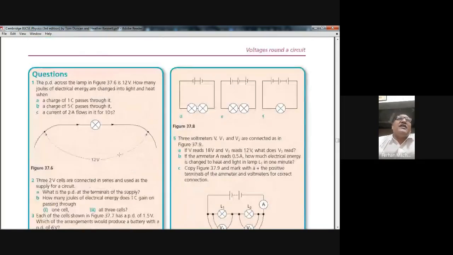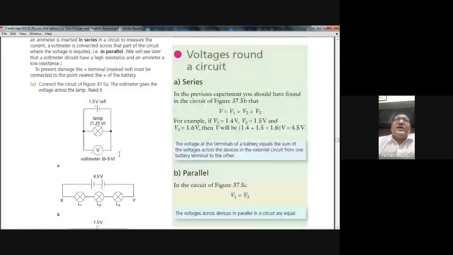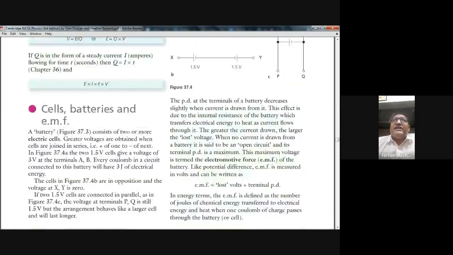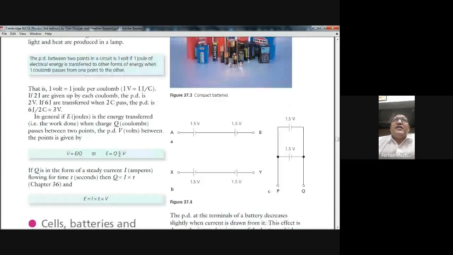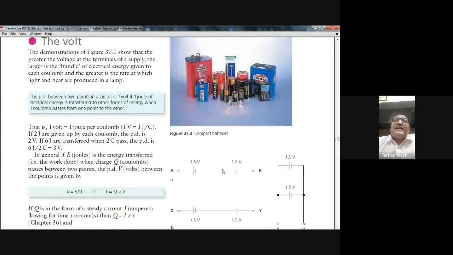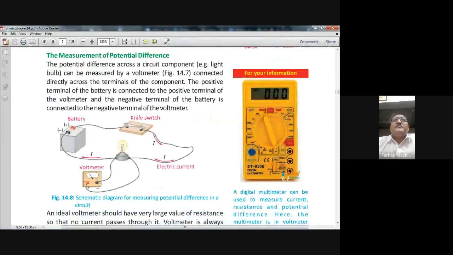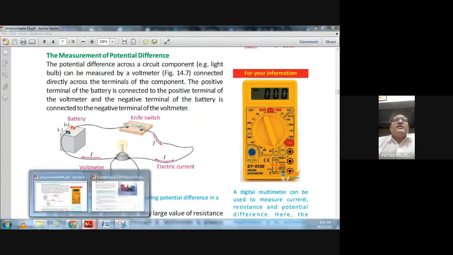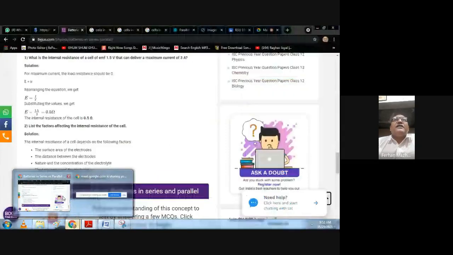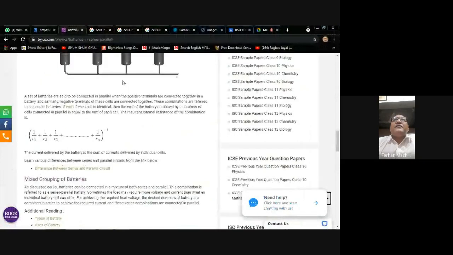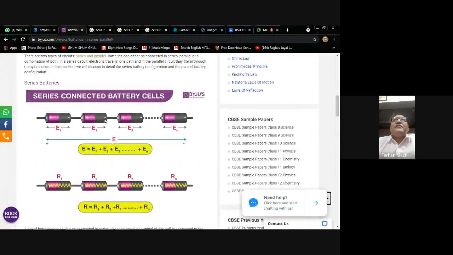One last thing I want to tell you, which is very important with respect to the EMF. When I connect the cells in series with each other, their EMFs will add up.